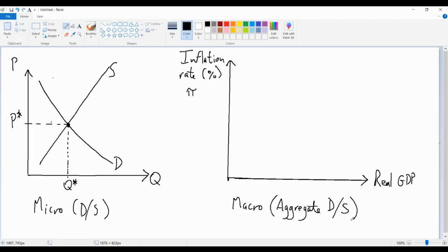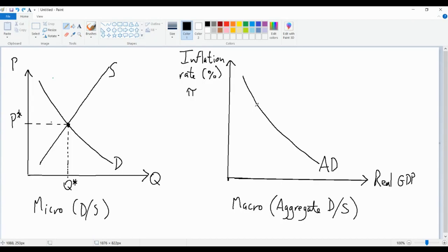Okay, so just like over here with the market for mangoes, our job is going to be the same. Let's try and figure out what is going to be the relationship between the inflation rate and how much people want to buy, which we would call aggregate demand. Is it downward sloping? And what kinds of things might move it?